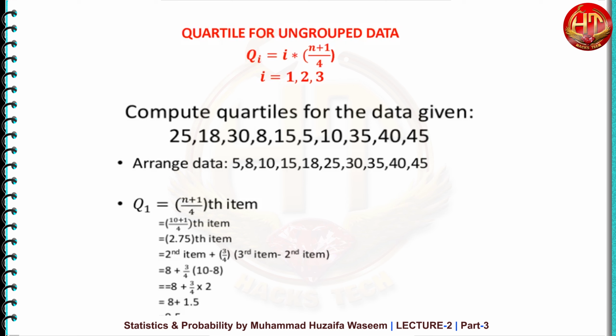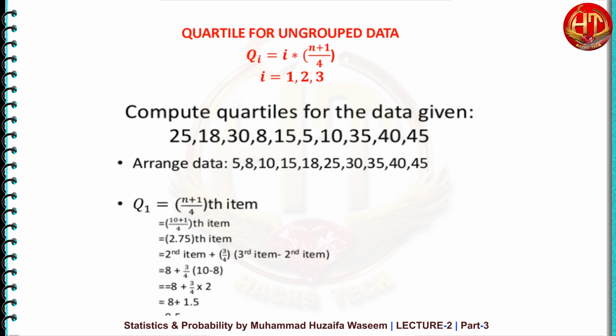Okay, so how can you calculate it? Second item plus 3 by 4 multiplied by (third item minus second item). So what is your second item value, which is 8, plus 0.75? What is your third value, which is 10? What is your second value, which is 8?